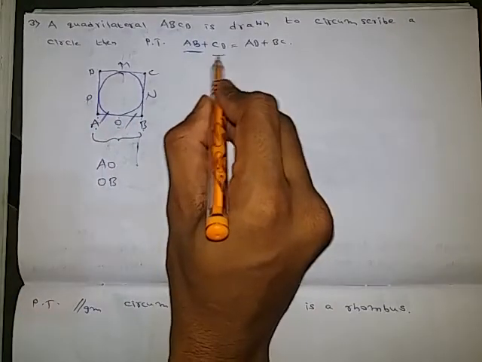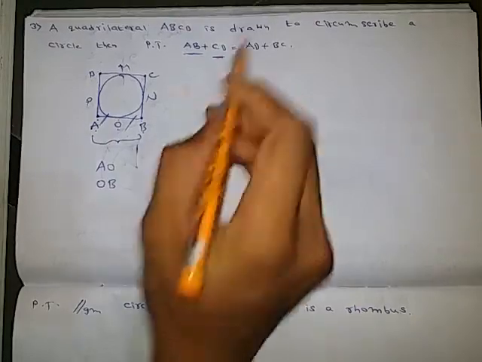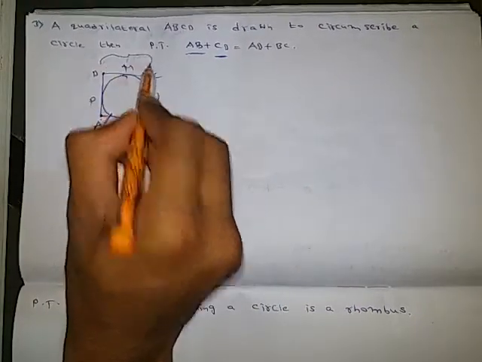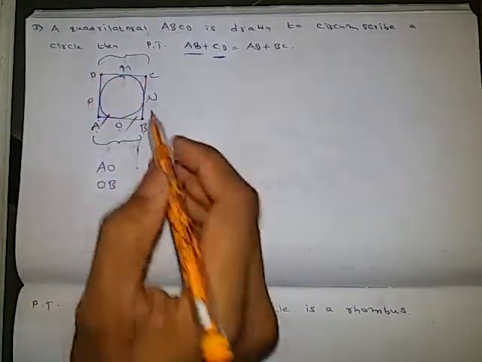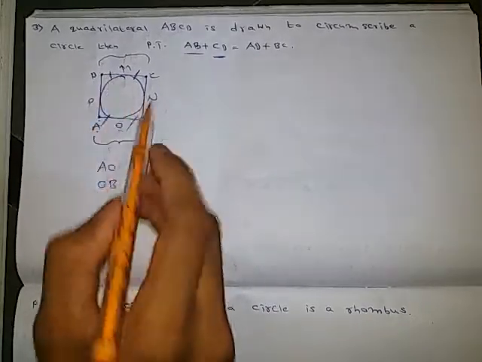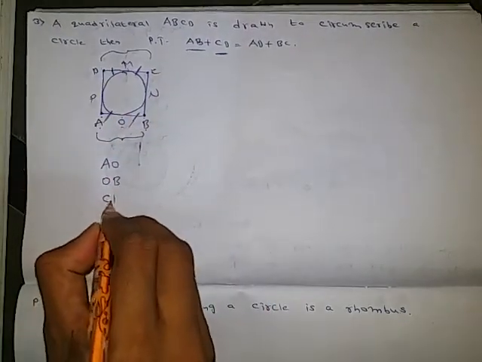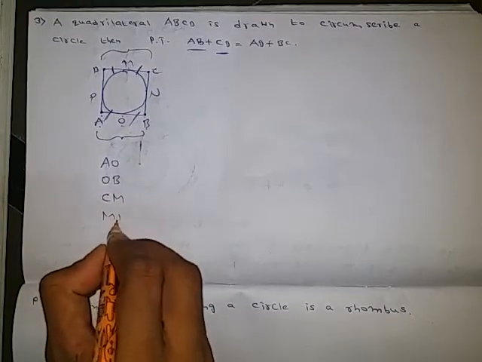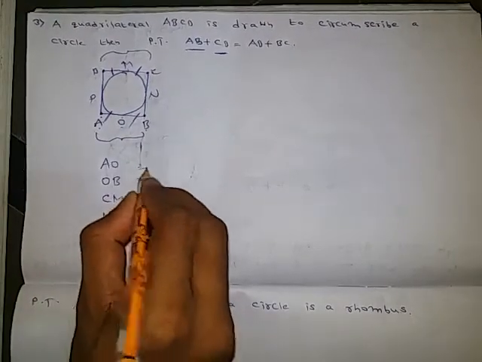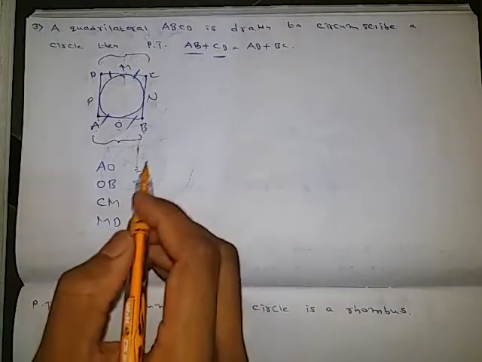Next, check the second term CD. Now this is total CD. So this total CD is nothing but this half part plus this half part, that is CM plus MD. So write those two also, CM and MD. Now equate all to here.